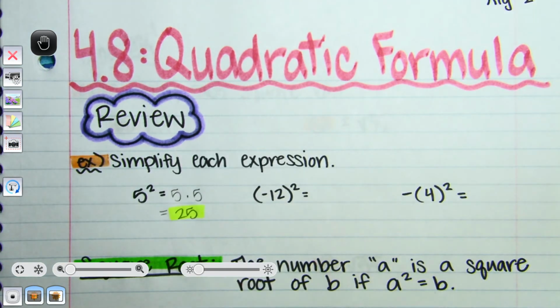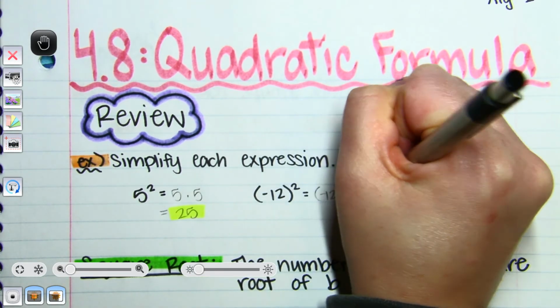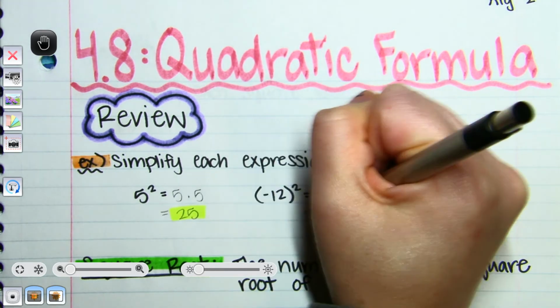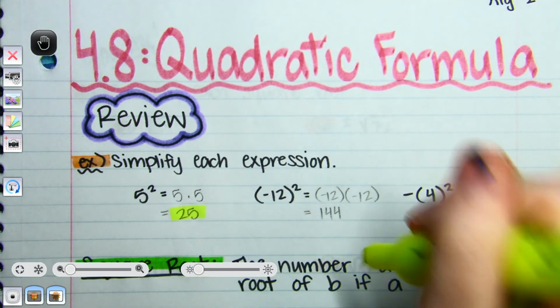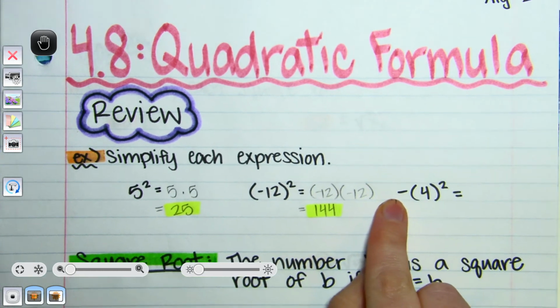Then the next one, negative 12 squared. Notice that the negative is inside the parentheses and this whole thing is being squared. So this is like saying negative 12 times negative 12. A negative times a negative is a positive, and 12 times 12 is 144. Versus the last example where the negative is outside of the parentheses.